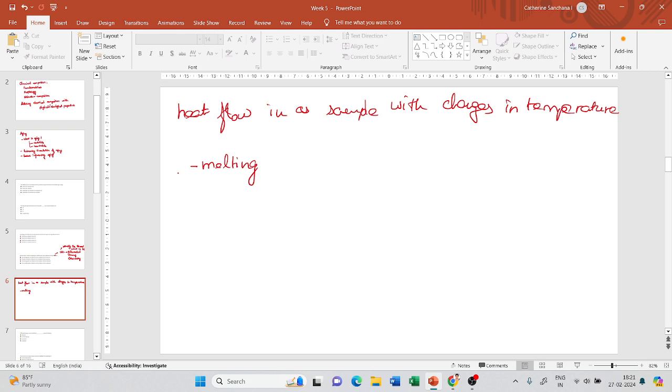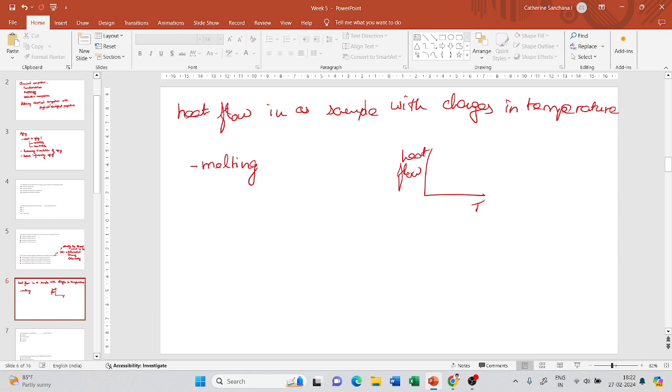Capturing that thermal event through heat flow: now you know that you can visually see that your ice is melting, but how will you capture it? For that, we are using a technique called differential scanning calorimetry, where we subject the material to heat. We make a plot of temperature in the x-axis and heat flow in the y-axis.